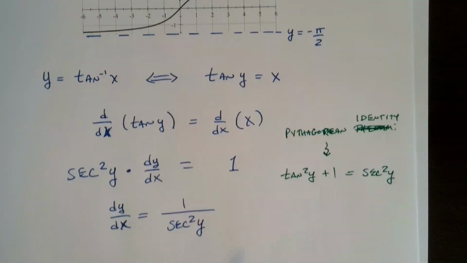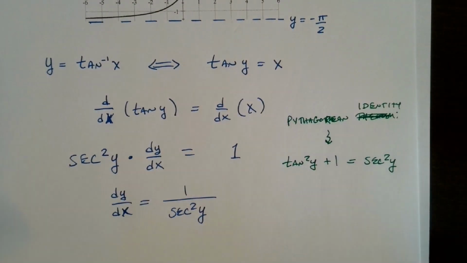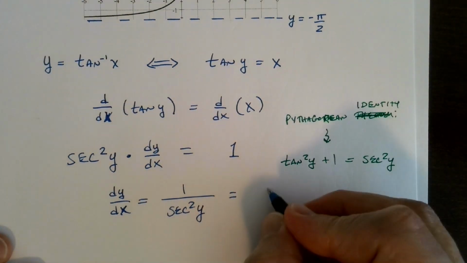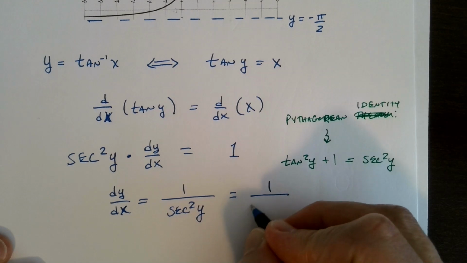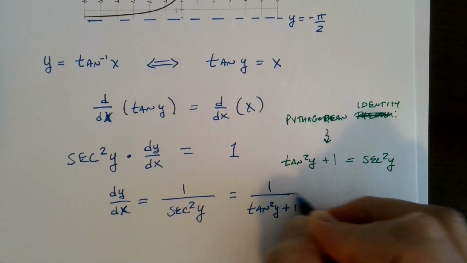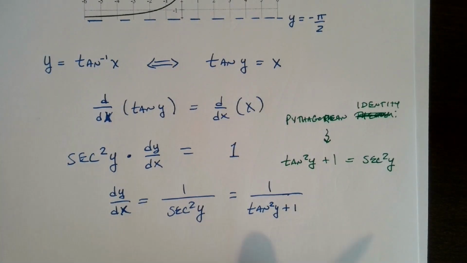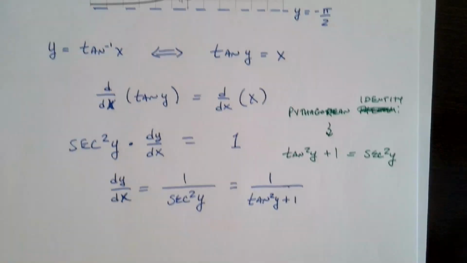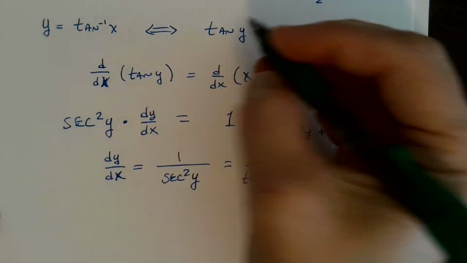So that is true. And so with that, I can simply write this as being equal to what? What is secant squared y? Tangent squared y plus 1. But tangent y is x. Right? Tangent y is x.